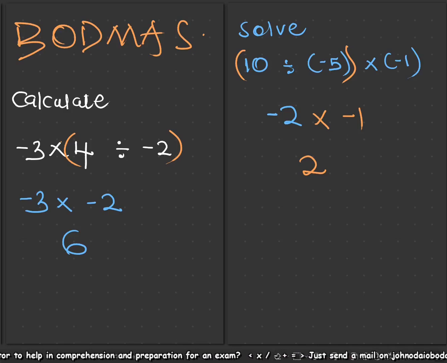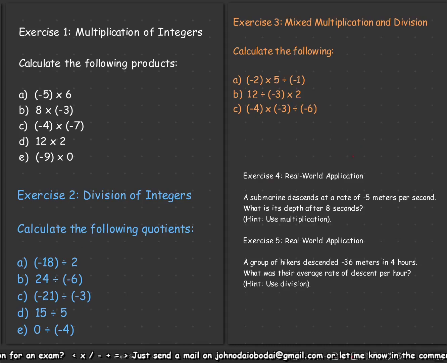Multiplication and division of integers. I'm gonna leave some exercises you can try on your own just to test your understanding. The first one is on multiplication of integers, the second on division, then the third one you have mixed multiplication and then division. And then for the final one you have word problems, that is real world application.